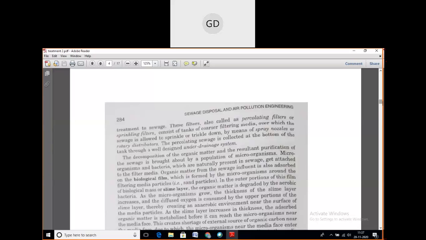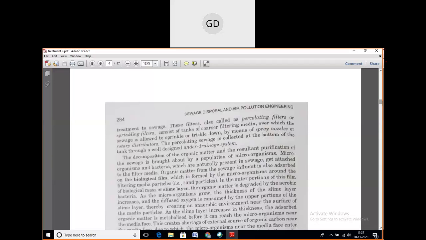These filters are also known as percolating or sprinkling filters. They consist of tanks of coarser filter media over which the sewage is allowed to sprinkle or trickle down by means of spray nozzles or rotary distributors.